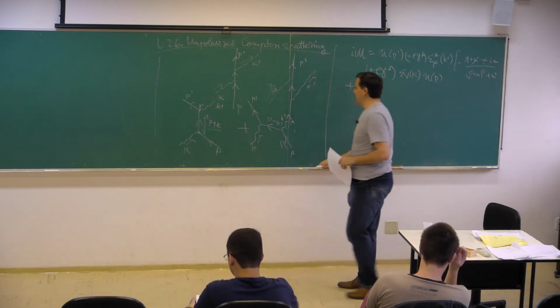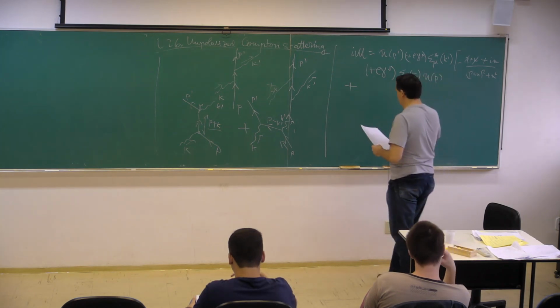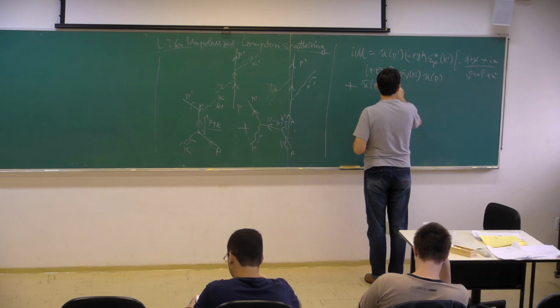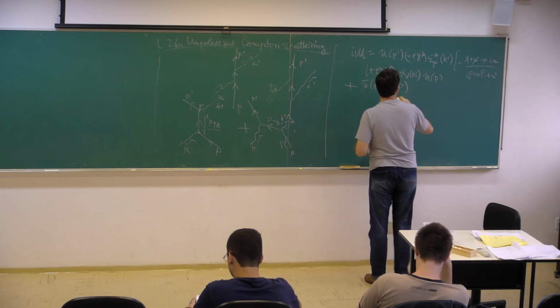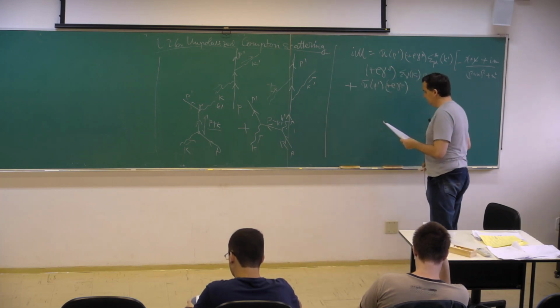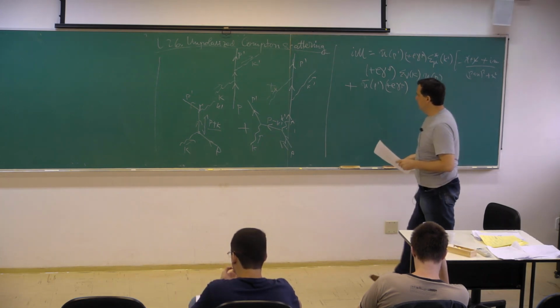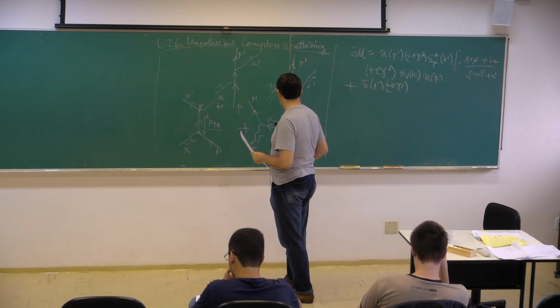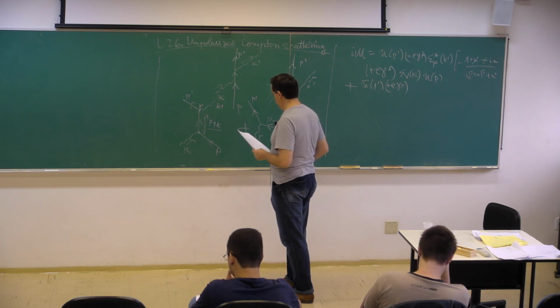That's the first diagram. Now the second diagram, u bar of p prime, the same thing, plus e gamma mu of the vertex. But now, let's see, how do I use this? Yeah.